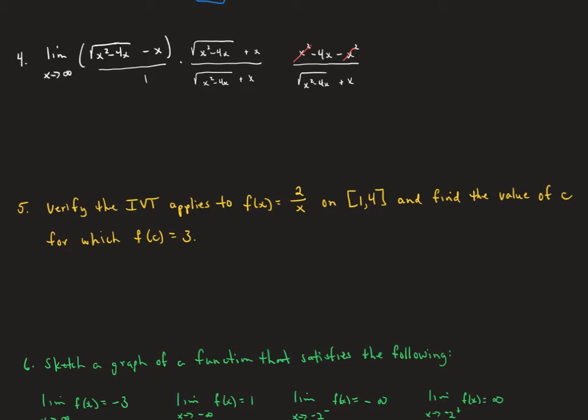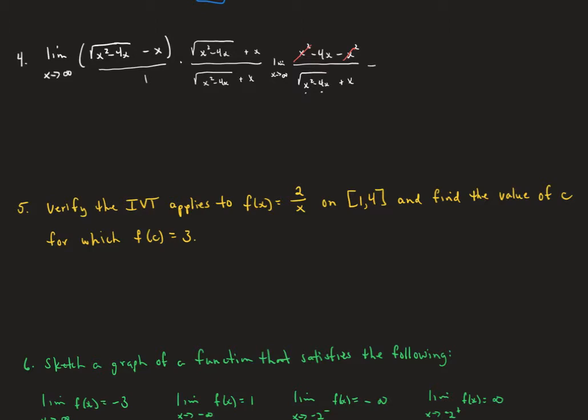We're taking the limit as x goes to infinity. So it's infinity over infinity, but if we think about this a little bit, we could try L'Hopital's rule, but we can say that as x goes to infinity, this x squared is going to dominate that minus 4x.